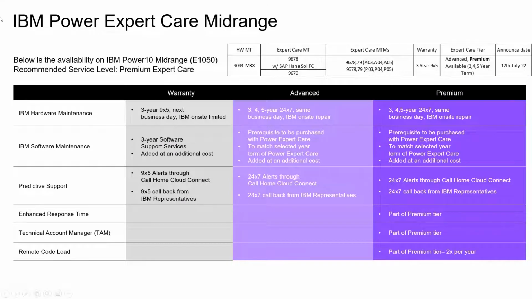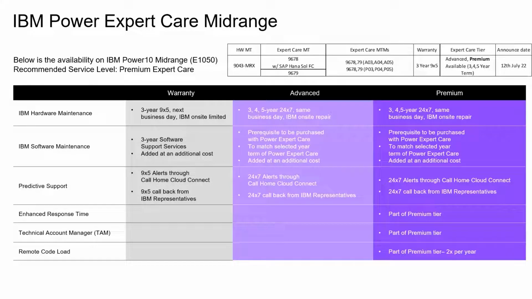If we get into the mid-range, again, there's an advanced and premium offering. One thing you'll see different with the E1050 is that the E950 went out with a 3-year 24/7 hardware support, and you'll see here on the 1050 that the base warranty is now 3-year, but it's 9x5 next business day. It's not 24/7.